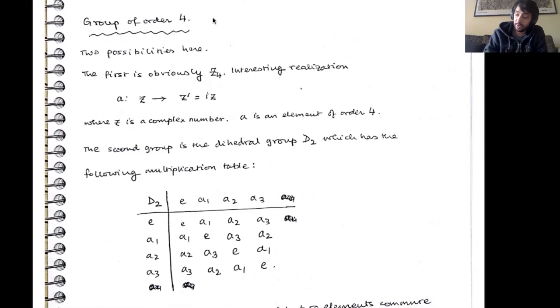You have Z, then you have iZ, then you have minus Z, and then you have minus iZ, and then it just goes back onto Z. That's a fun way of trying to realize this.